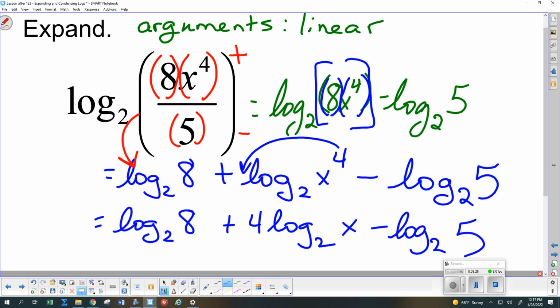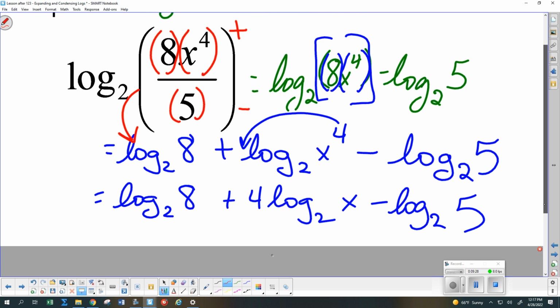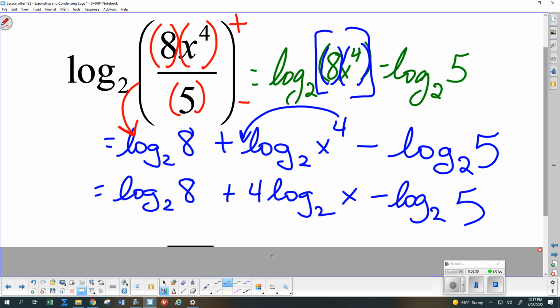And this one just happens, we could simplify log base 2 of 8. Can anybody tell me about log base 2 of 8? I am asking you the question. Log base 2 of 8 equals what? So think about changing it to its exponential form and figuring out what that has to be.